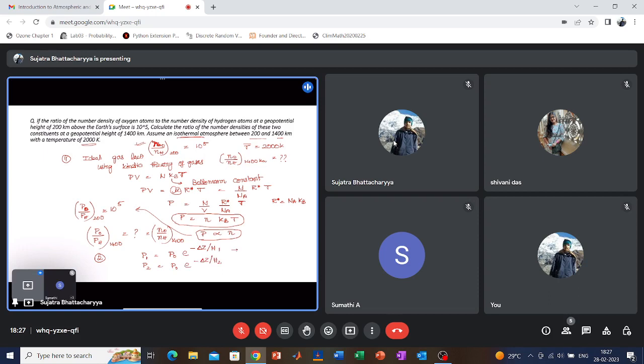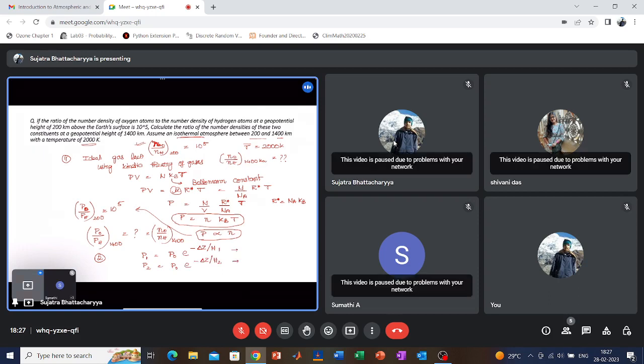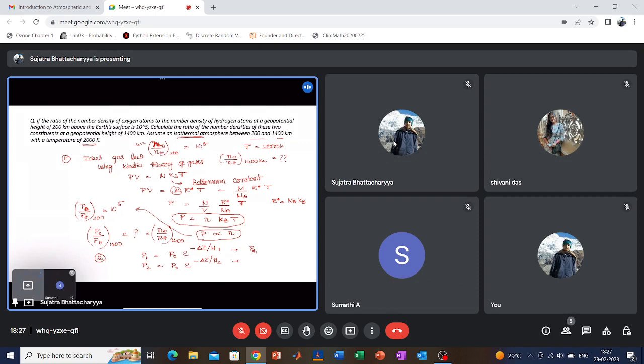Similarly, we will write it for hydrogen and oxygen. So P of hydrogen at 1400 will be equal to P of hydrogen at 200 e to the power minus delta Z, but delta Z we know will be 1400 minus 200 kilometers, so it will be 1200 kilometers.